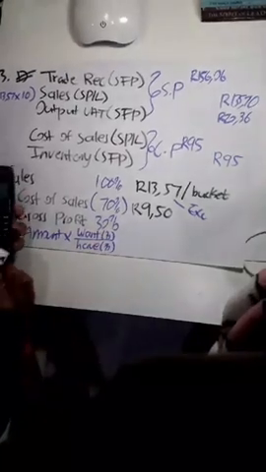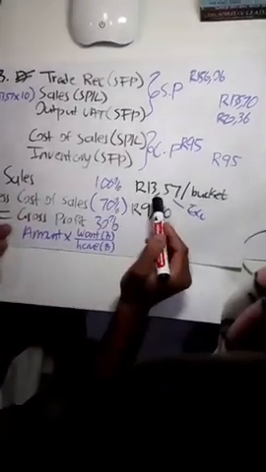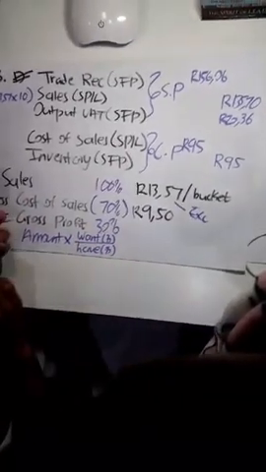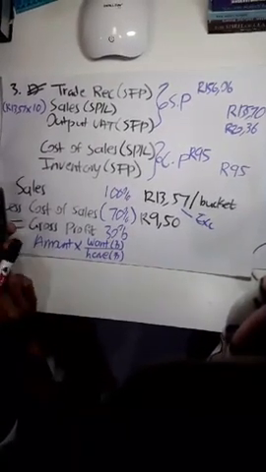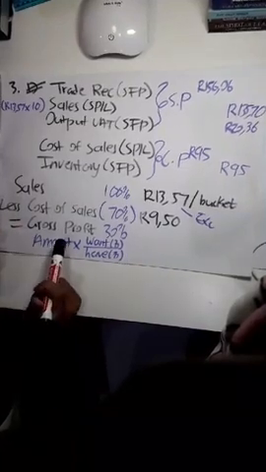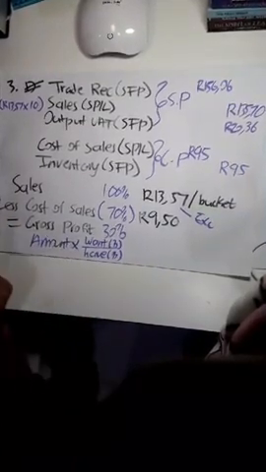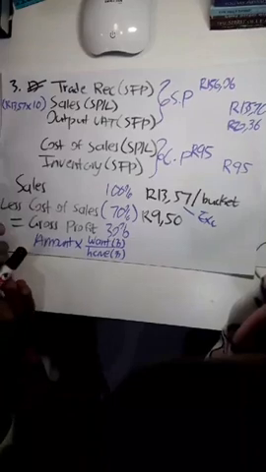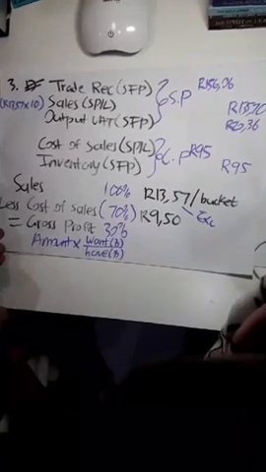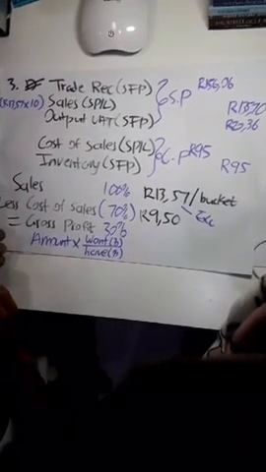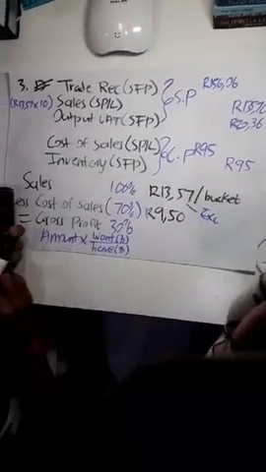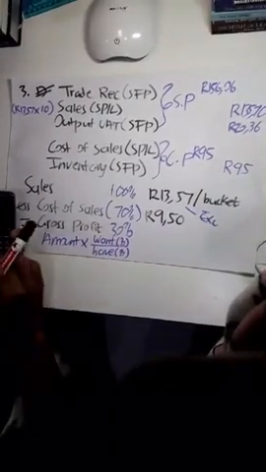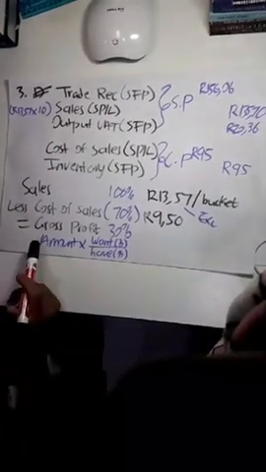Remember the sales, the selling price per unit, which is 13.57, and then you multiply by 10, you get 135.70. That 135.70 is your sales, right? And then you take your sales amount, 135.70, you multiply by 15 because you want the VAT, divide by 100. Why divide by 100? Because the sales is exclusive of VAT.